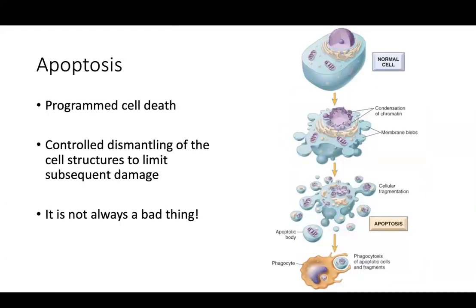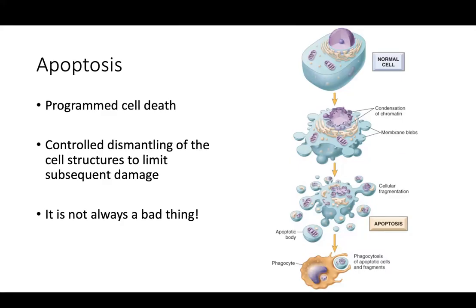The second type of injury that you can have is something called apoptosis. We're going to spend a little bit more time on apoptosis because apoptosis follows a very specific signaling mechanism, biochemical pathway. This is programmed cell death, and this is very controlled, very neat and tidy dismantling of cellular structures.